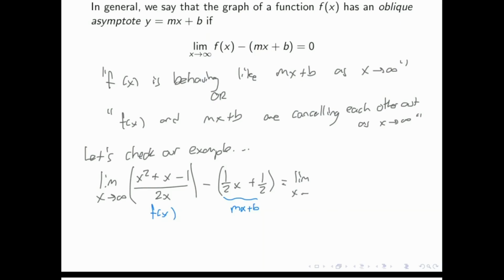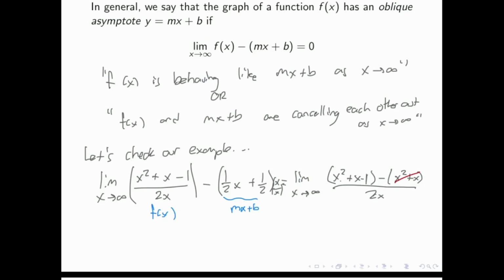So this should be the same as the limit as x going to infinity of, well, how do I add these together, or in this case, subtract them? I'm going to find a common denominator. So I'm going to multiply by x over x. And if I collect everything together, I'll have in the numerator x plus x squared plus x minus 1 minus x squared plus x all over 2x.